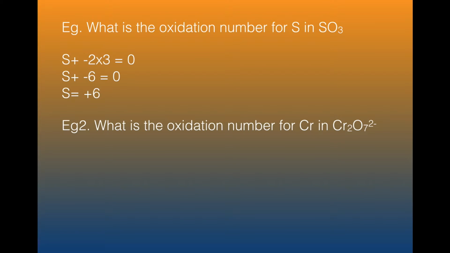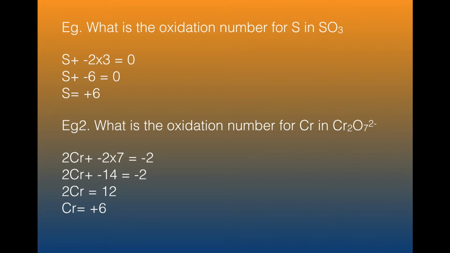For a second example, what is the oxidation number for chromium in dichromate? We can do a bit of algebra. Note that there are two chromiums in dichromate, so in the third line of working we need to divide by 2 to find what the oxidation state is for one Cr.